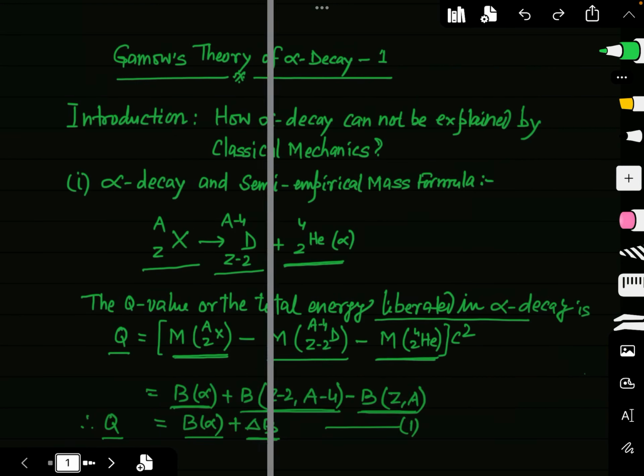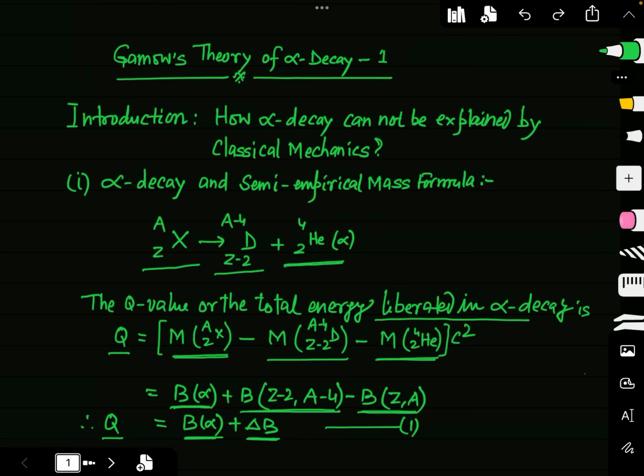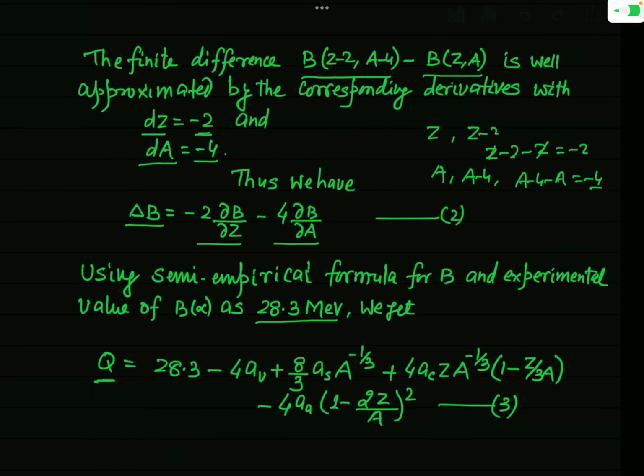The Q value of the process is B of alpha plus delta B. Substituting the values of delta B and B of alpha, you will get Q equal to 28.3, the binding energy of the alpha particle, plus these terms. I am not reading these terms. These are the terms which arise in the expression for the binding energy in the semi-empirical mass formula.